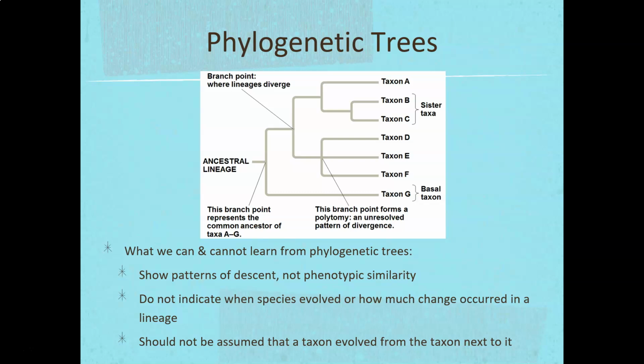They may or may not be particularly good at showing phenotypic similarities between organisms, depending on how the tree is built. They don't necessarily indicate where the species evolved or how much change has occurred in that lineage. We'd have to adjust the way that we build these trees, and there are some options out there we'll take a look at that can show a little bit more of that.